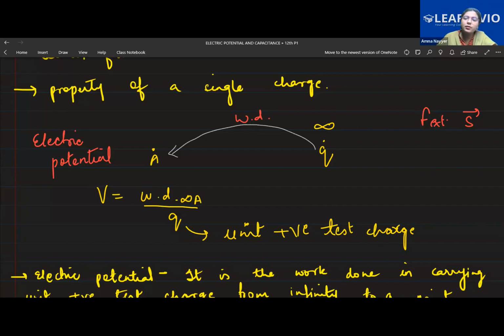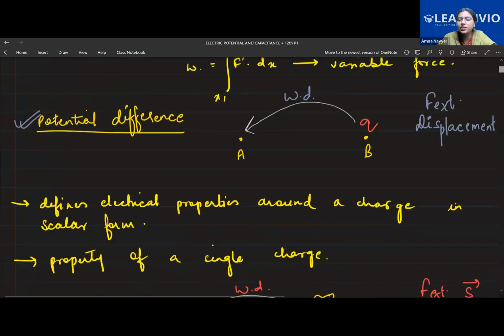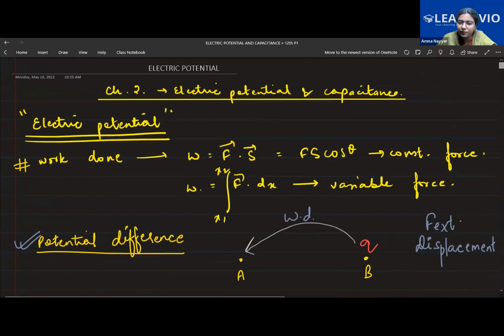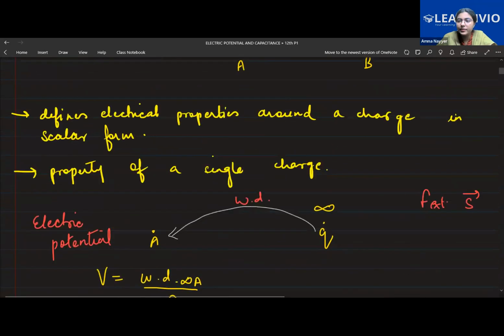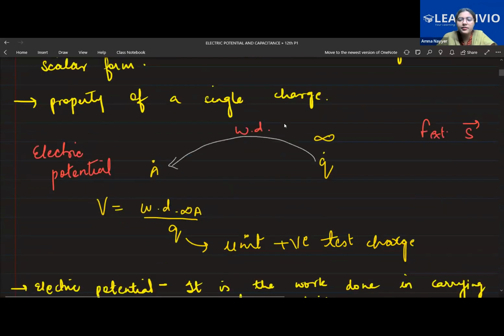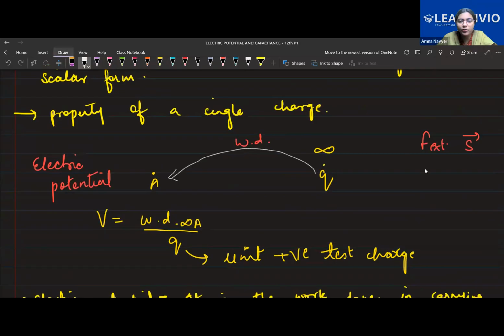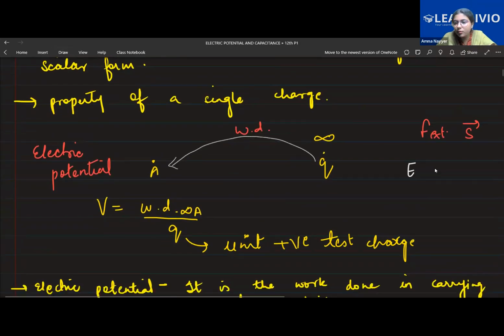Now, when you're talking about the definition of potential, this is what it was. This is the exact definition of potential that you should know. You can relate it like this. This is work done by charge. When we discussed electric field in that chapter, if you remember, electric field was equal to force per unit charge. Remember, there was this formula, electric field is force per unit charge.